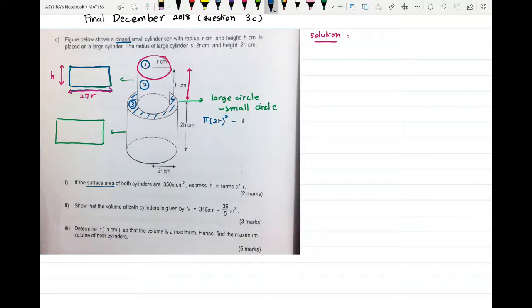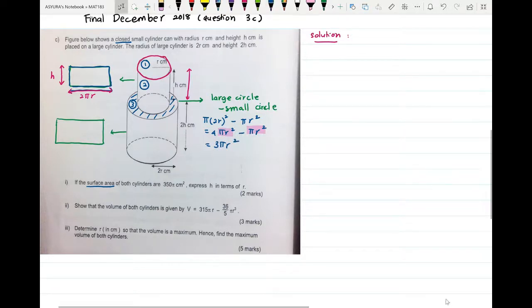So it will be 4 pi r square minus pi r square. You have the same variables here, pi r square, so 4 minus 1, you will get 3 pi r square.